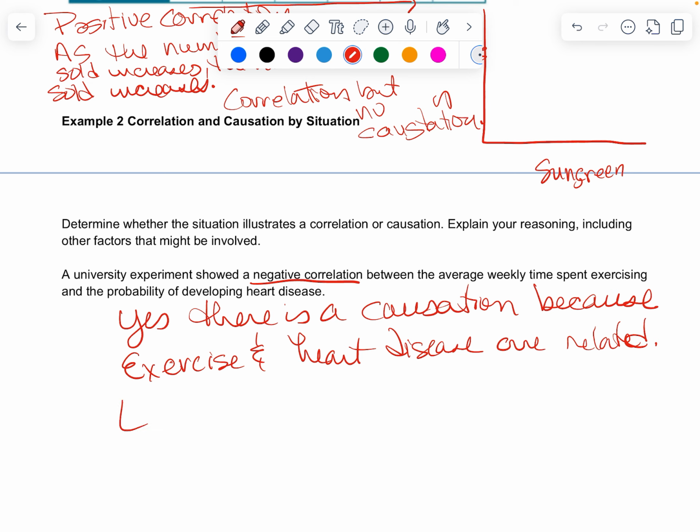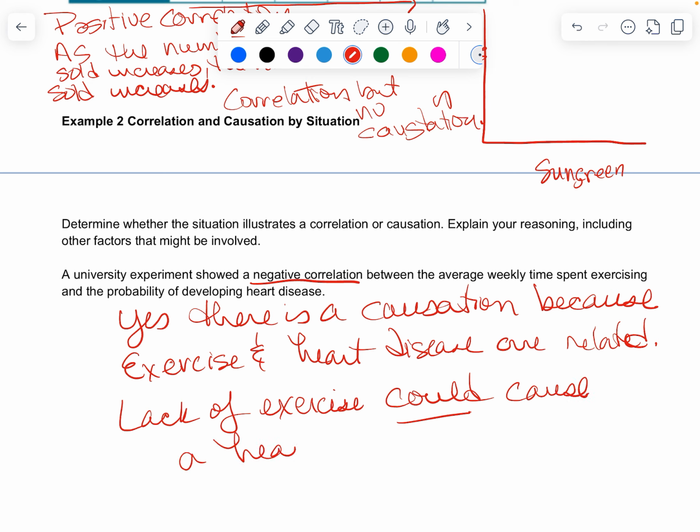And lack of exercise could cause a heart disease.